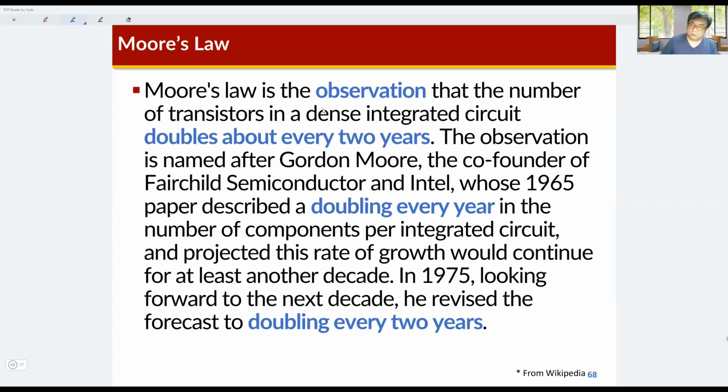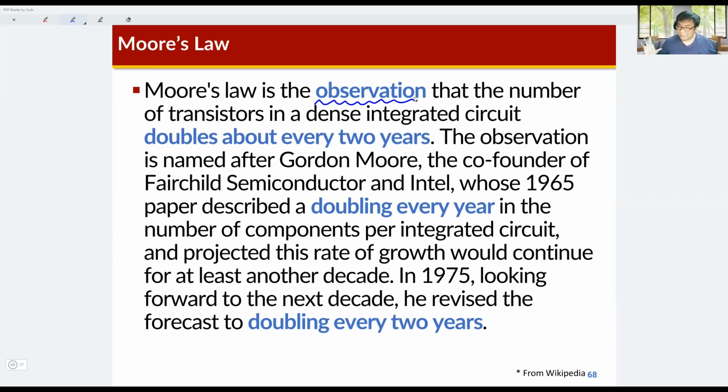So this is Moore's law on Wikipedia. I copied the definition of Moore's law from Wikipedia. Moore's law is just an observation. It's not a theoretical law.